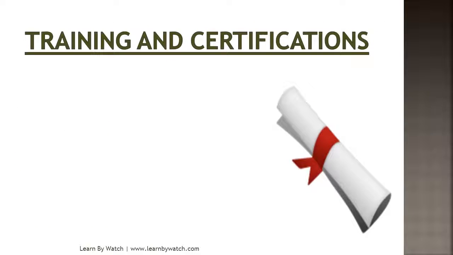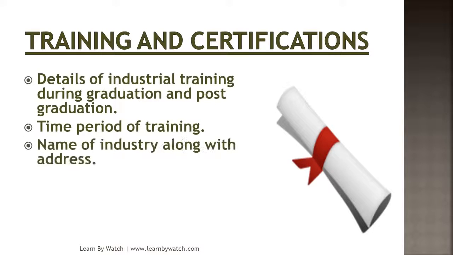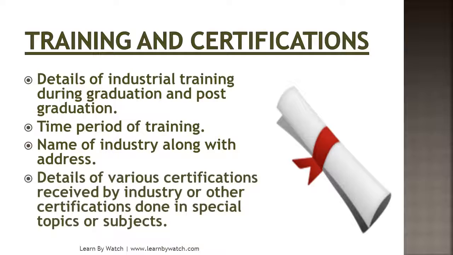Next point is training and certifications. This is a very important point. You should write details of industrial training during graduation and post graduation. We all do graduation and we all do industrial training, so write the information about industrial training in detail. Cover some points like time period of training, name of the industry where you have done this training, and address also.